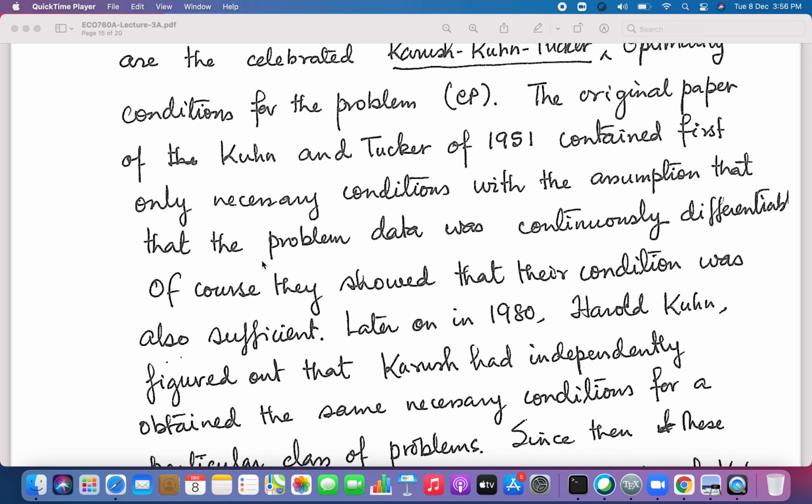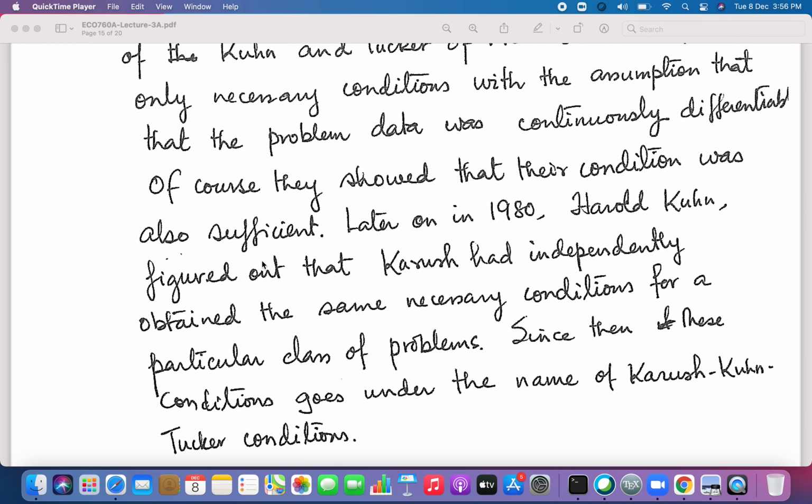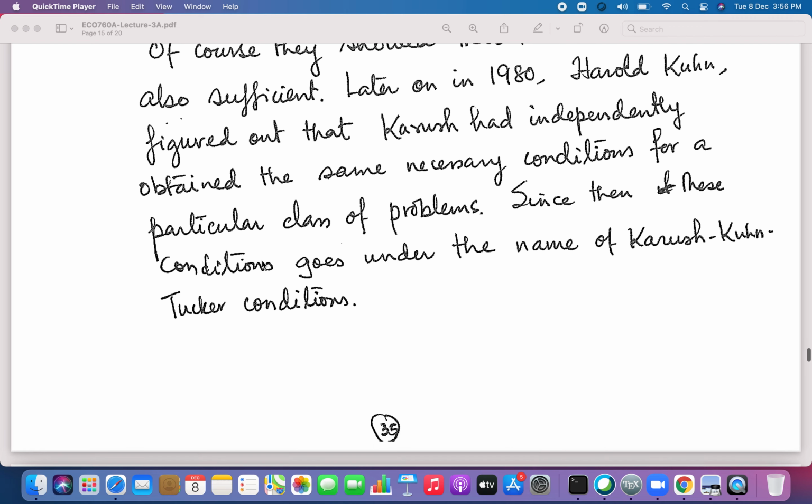Because Karush was in Chicago, possibly linked to the calculus of variations group of Magnus Hestenes, Kuhn wrote a nice letter to Karush, telling him that because he already knew the result for a particular case, his name should also be a part of these conditions. He accepted, and from that time onwards it is known as the Karush-Kuhn-Tucker condition, and it goes by the smart name of KKT conditions.